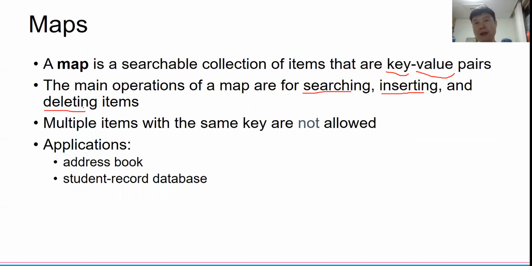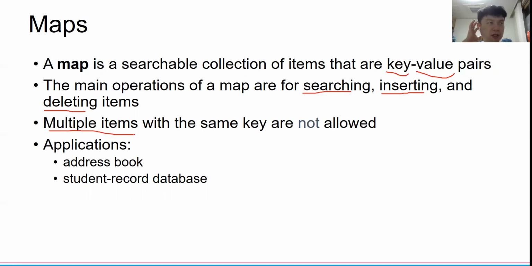That's the basic operation for all ADTs. And multiple items with the same key are not allowed. If you are using the dictionary, the key should be only one, or it should be unique. So multiple items with the same key is not allowed.